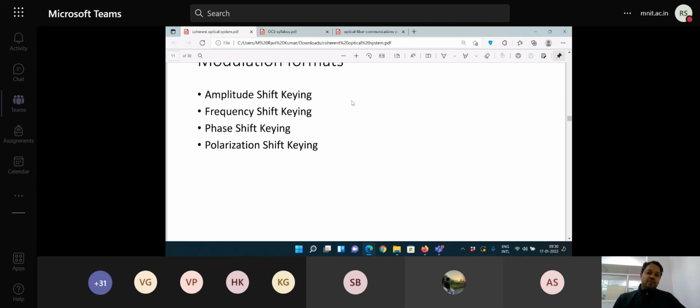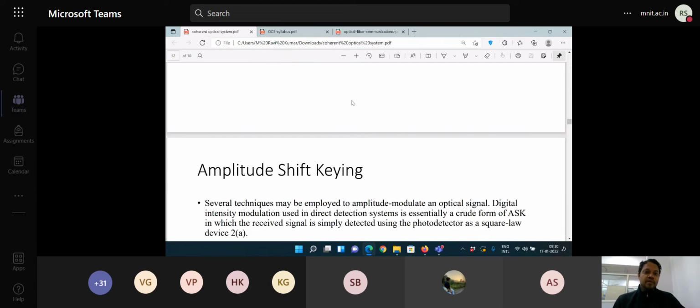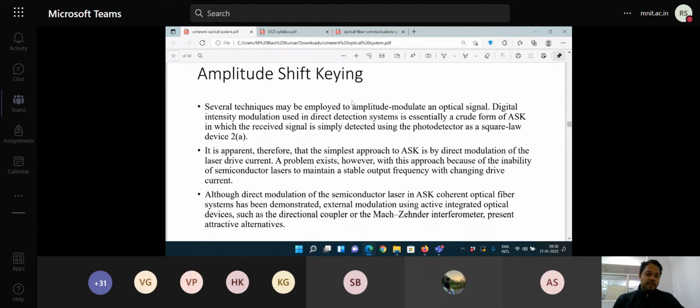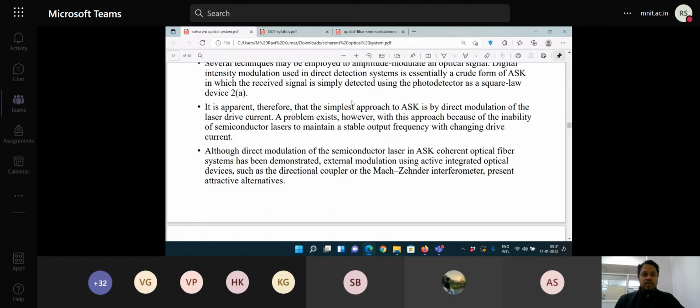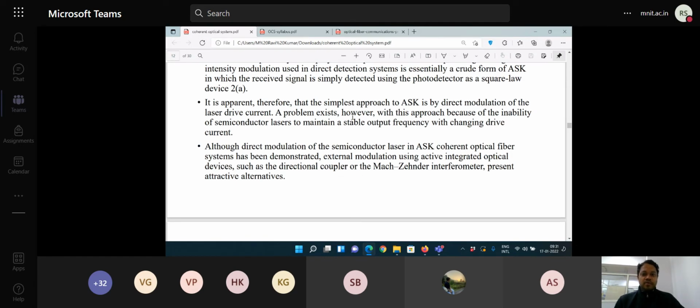So these are the modulation formats which can be deployed in fiber optic communication. Amplitude shift keying is the most basic and the simplest approach used for fiber optic communication. There is a problem because the laser has difficulty in maintaining a stable output frequency.